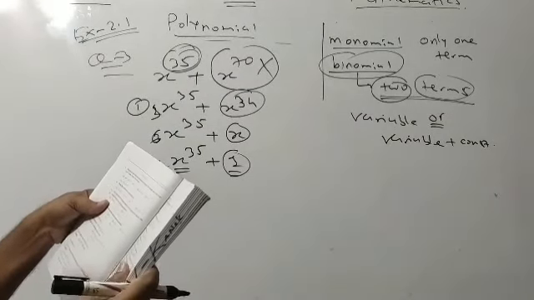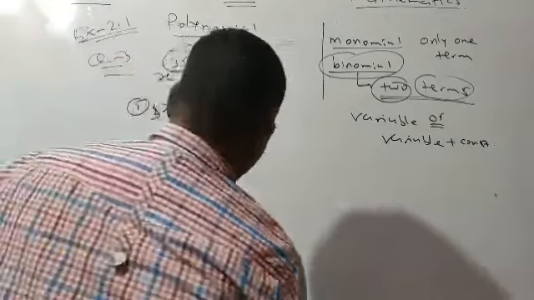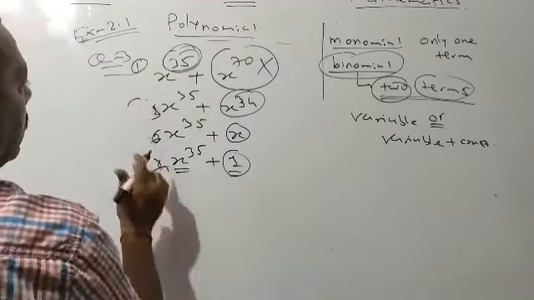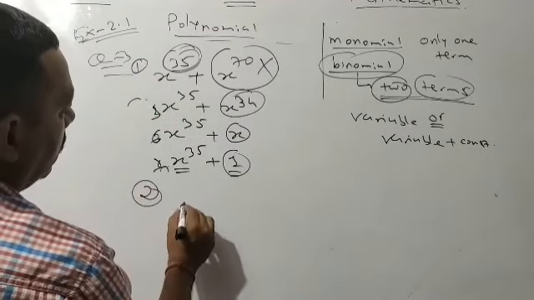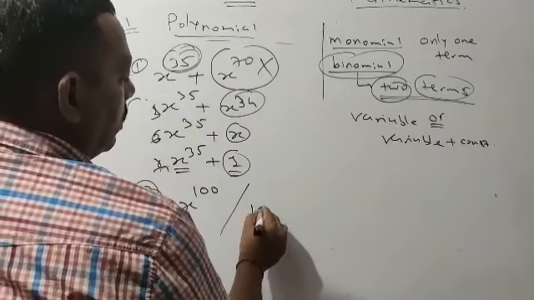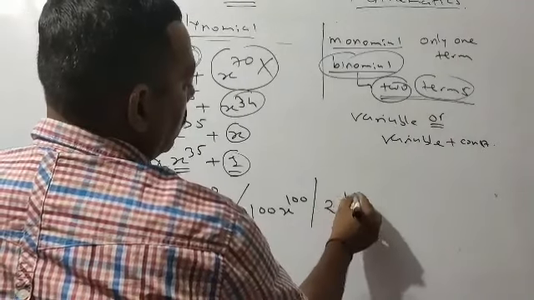Is this clear? Now, in the same way, an example of a monomial of degree 100. So what can we write for that? We will write the degree 100. So we can say x raised to 100, or you may say 100x raised to 100, or 2x raised to 100.